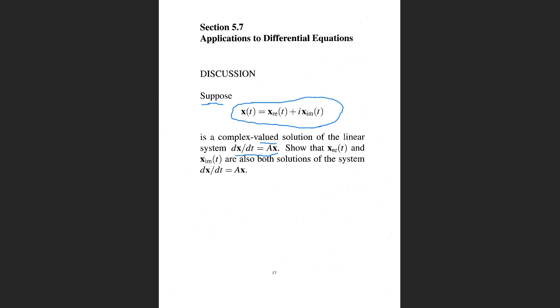If that's the case, there are two components to the complex eigenvector.